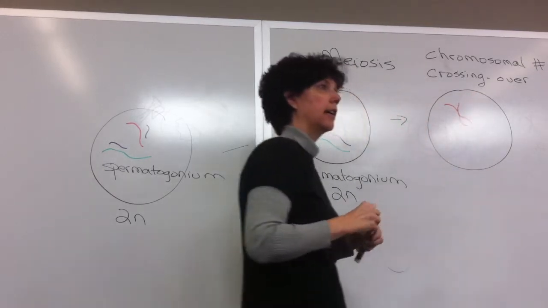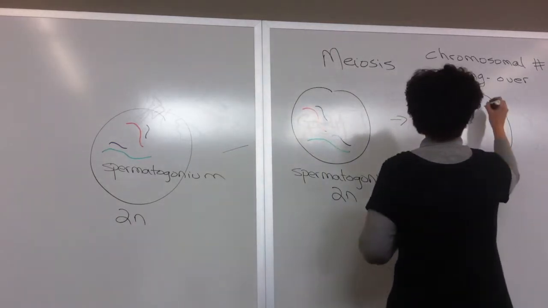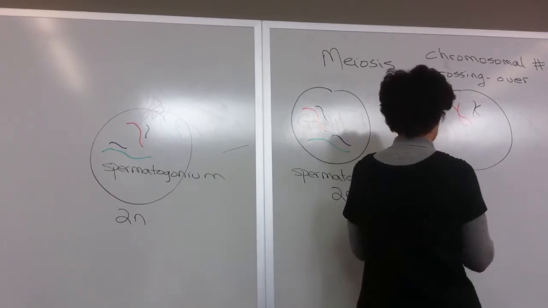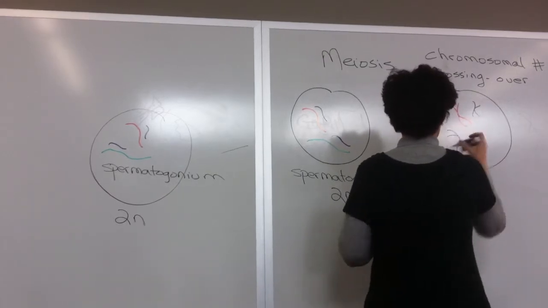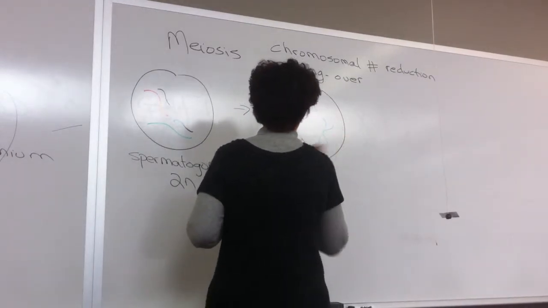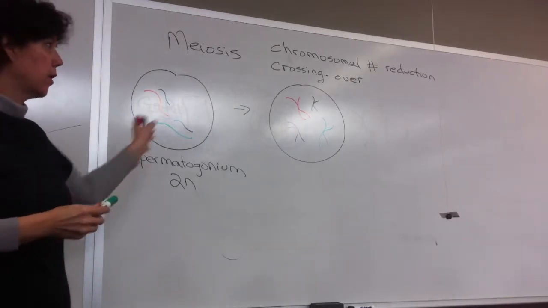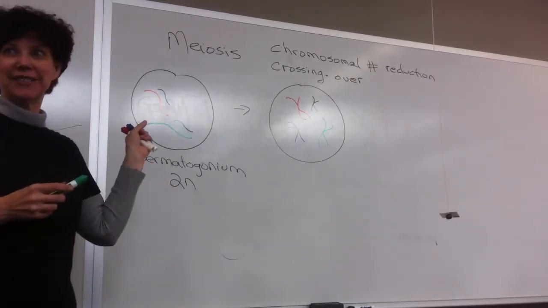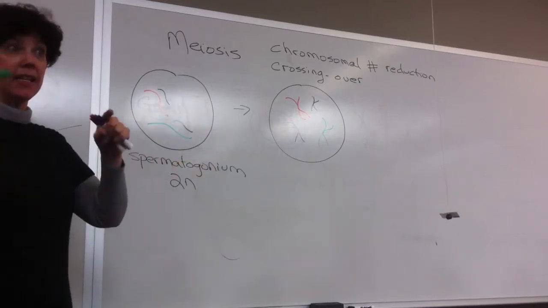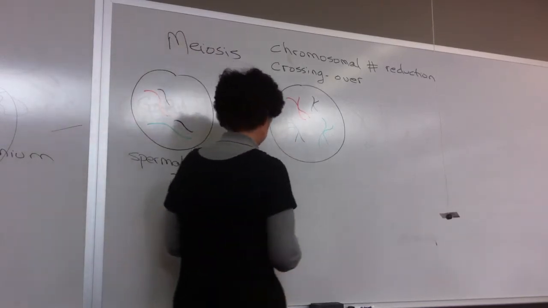So that's a set of sister chromatids of that chromosome. And that chromosome. And that chromosome. Okay. Notice cell division has not yet occurred. All we did was DNA replication, where we copied each chromosome, forming sister chromatids.